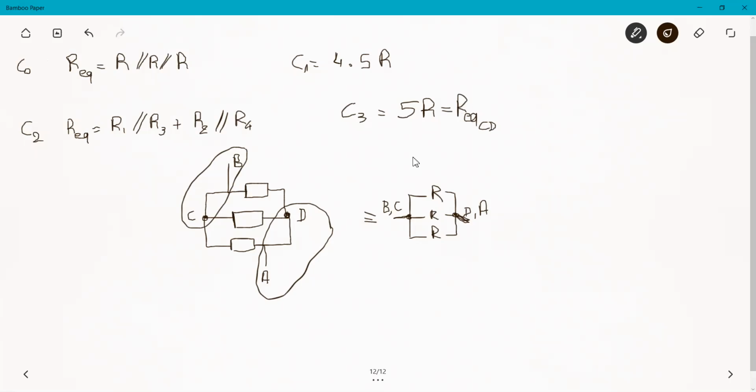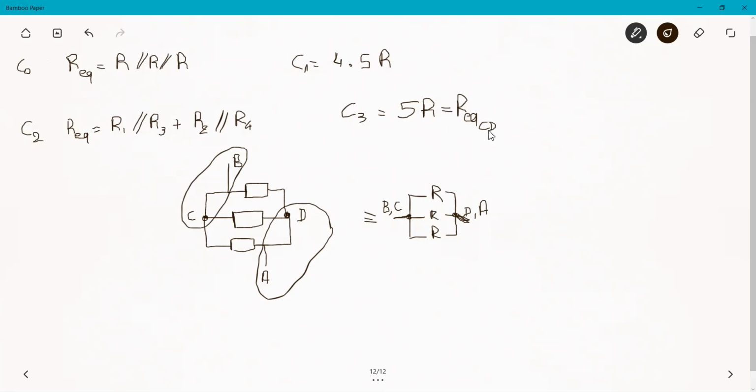I didn't quite understand why the result is 5 on circuit number 3. Okay, let me double check. From point A to point B, I mean. Let's see. Here between C and D, just give me a sec.